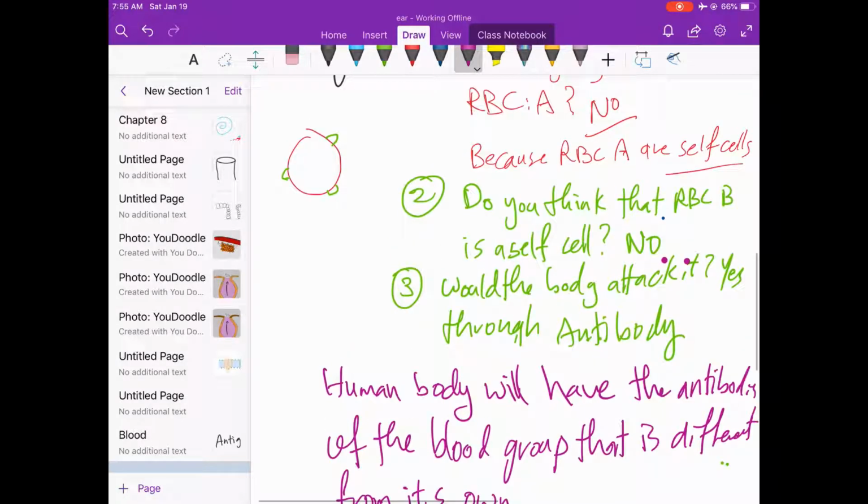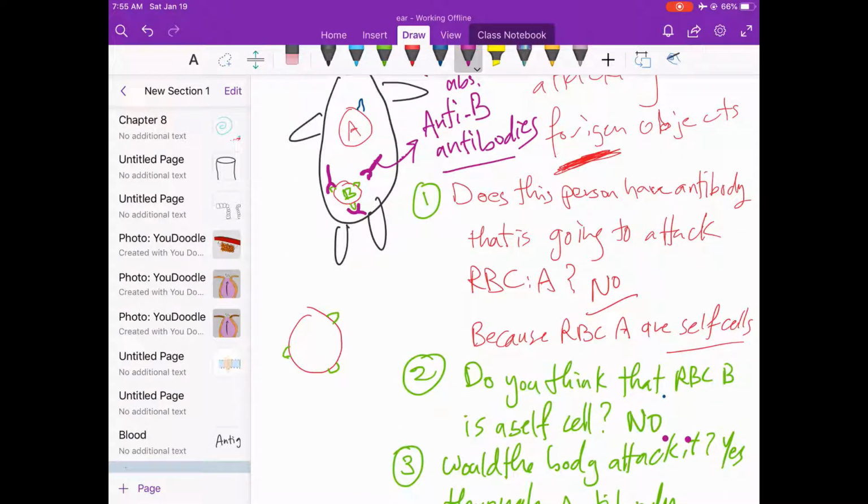So human body would have antibodies for the blood group that is different than its own.